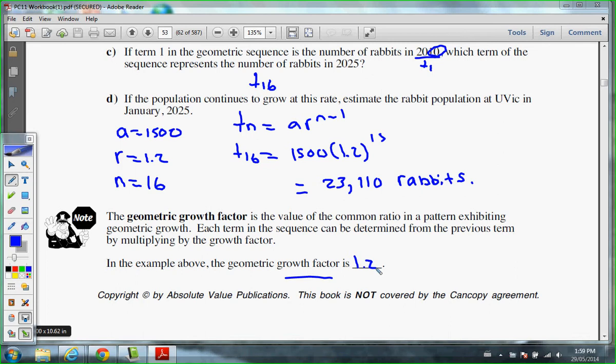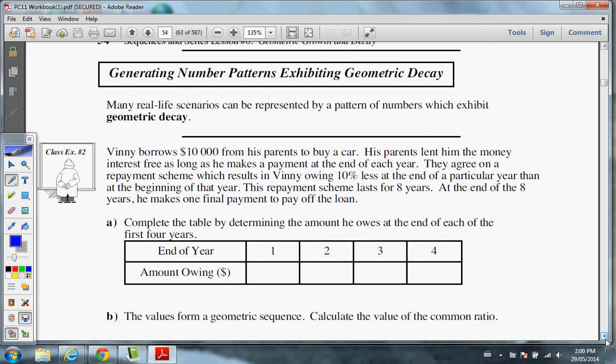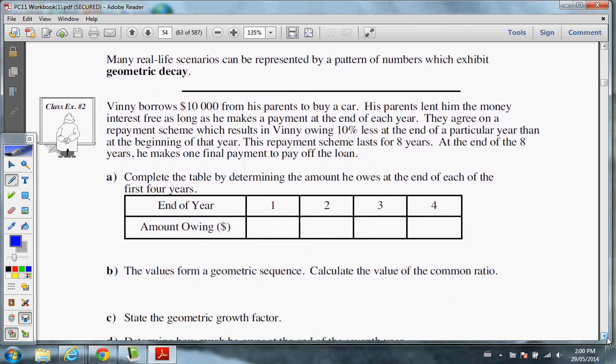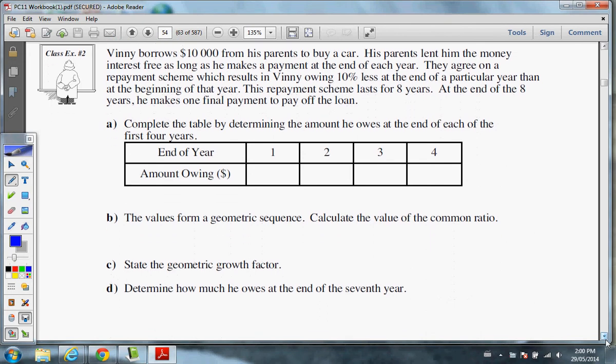All right, continuing on. We're looking at example number 2. Geometric decay is when the values exhibit going down. Here's an example of decay. Vinny borrows $10,000 from his parents to buy a car.